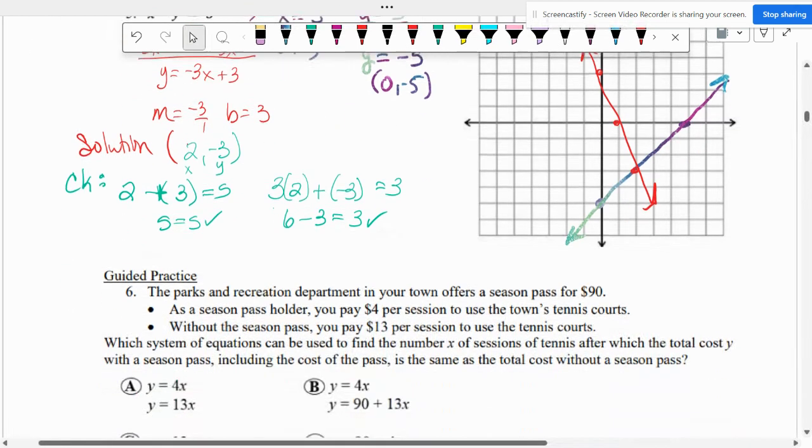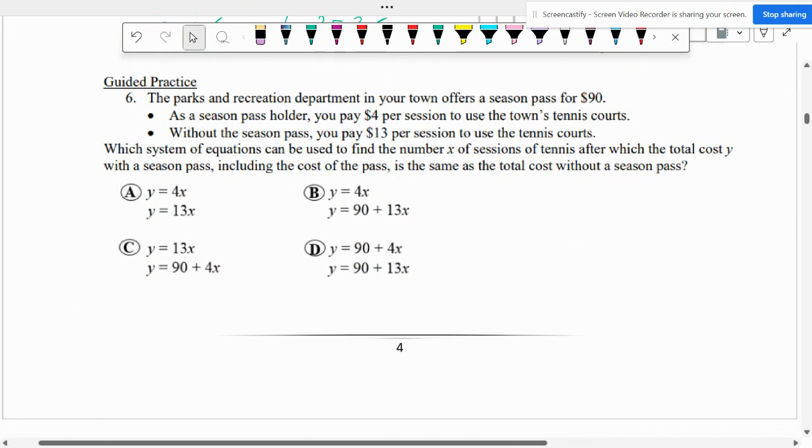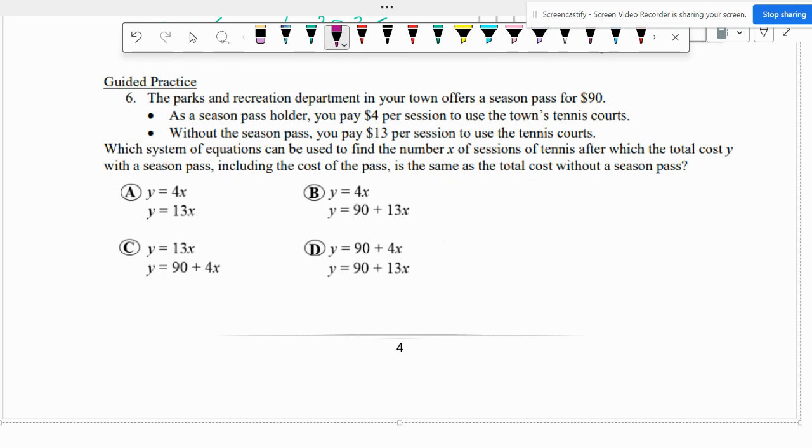That's how we do that. So for this very last example, you have to determine which system is going to work based on this scenario. The Parks and Recreation Department in your town offers a season pass for $90.